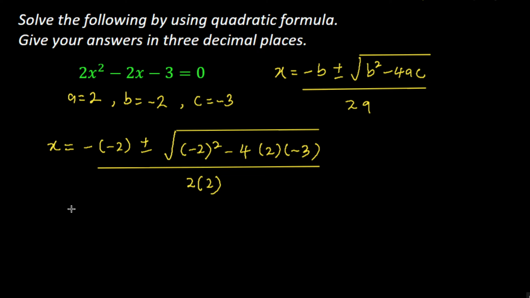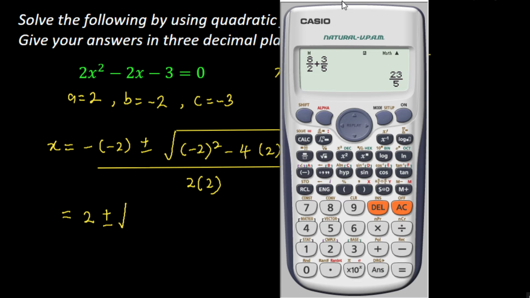Let's simplify. Negative of negative is positive, so I will write positive 2 plus minus the square root. What is the value inside? We can just press the calculator.